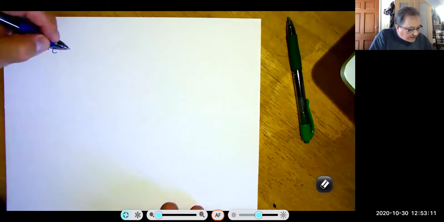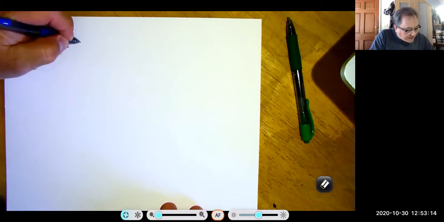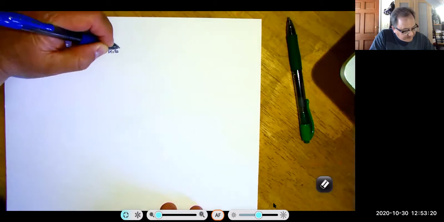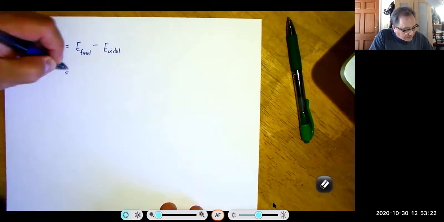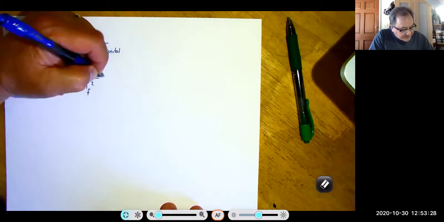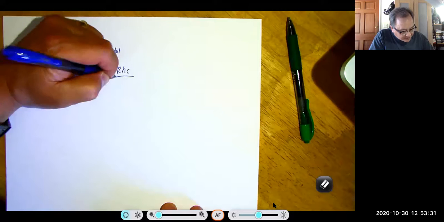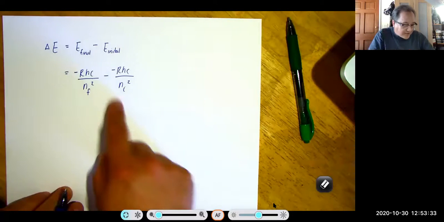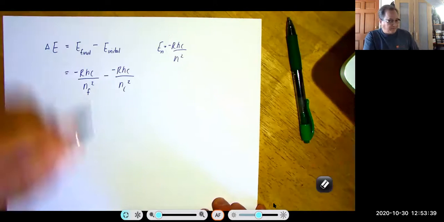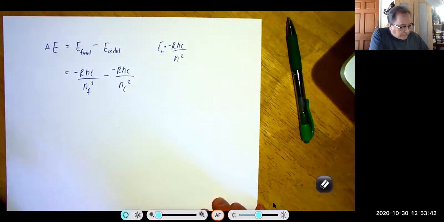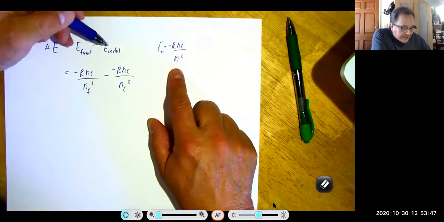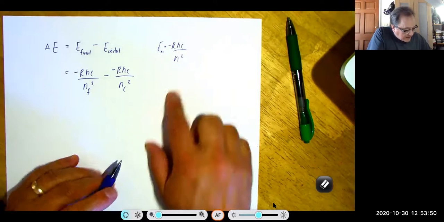The change of energy in an electron is equal to the energy final minus the energy initial, which is negative RHC over n final squared minus negative RHC over n initial squared, because energy is negative RHC over n squared. So the final energy is negative RHC over n final squared. The initial energy is negative RHC over n initial squared, and we can clean this up.